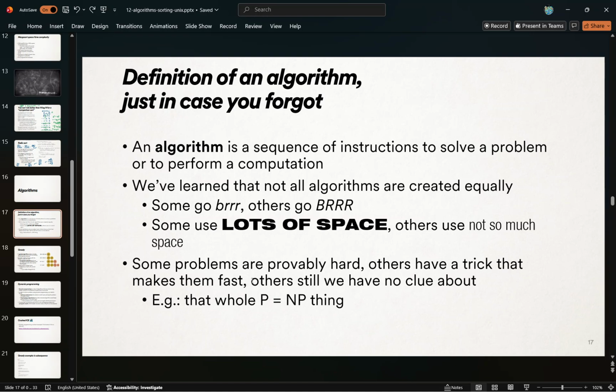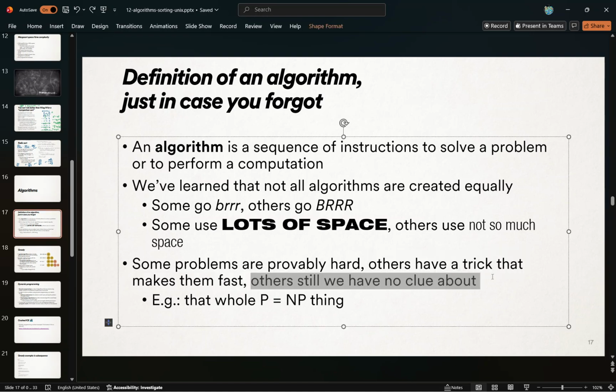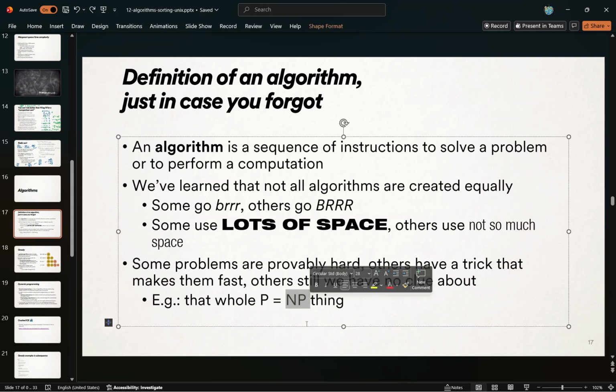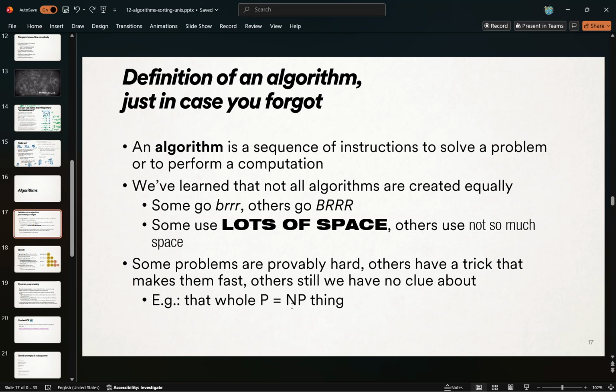And a fun fact that maybe you haven't really thought about yet is that there are some problems that we have algorithms for, but we're not sure if those are the best algorithms still. If you've heard P equals NP mentioned on the internet, or in a TikTok, this is that idea. There's a whole class of problems where our best solutions are exponential time.